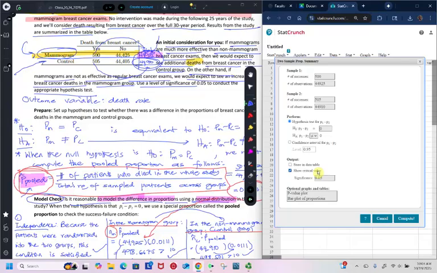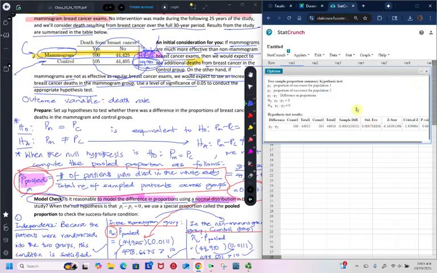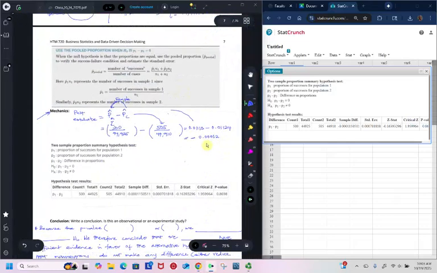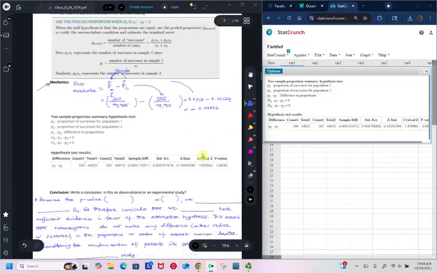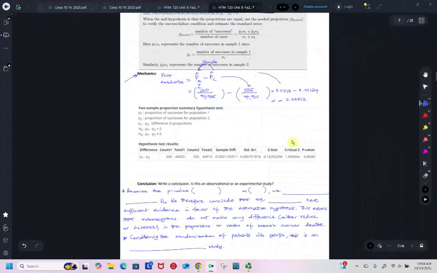I'd like to show the critical value and compute. So here are the output values. You will notice that the sample difference here is equivalent to the value we got from our calculations right here. So with that said, we also have in addition the p-value that we seek. So we're going to take that p-value to work.